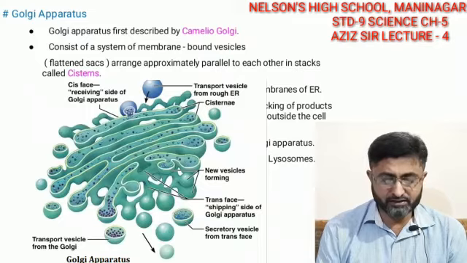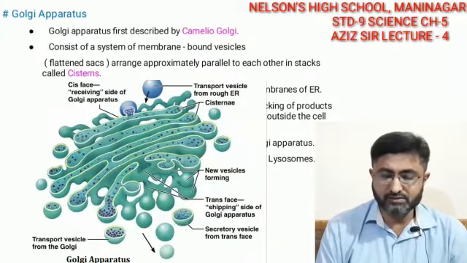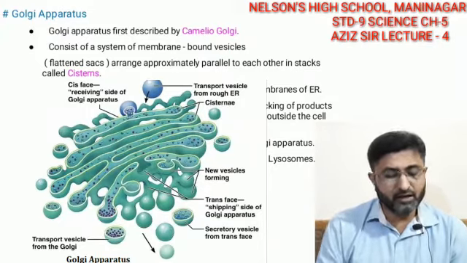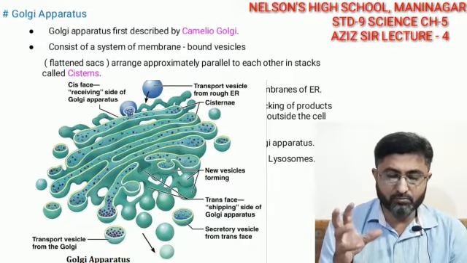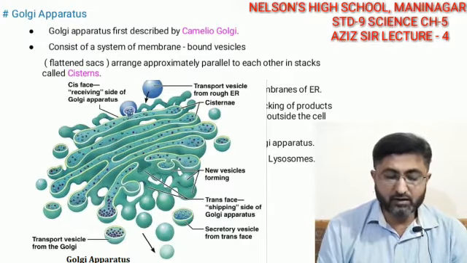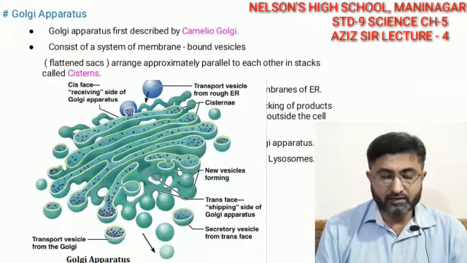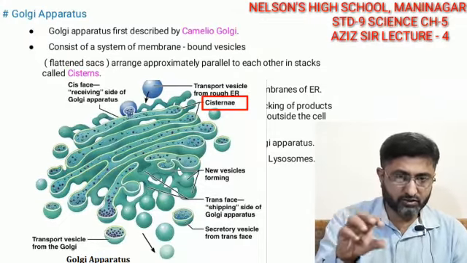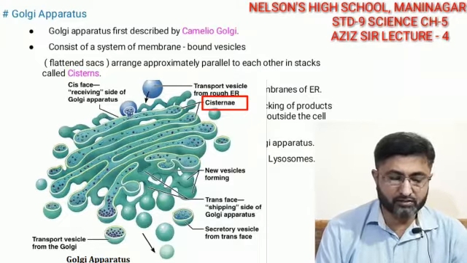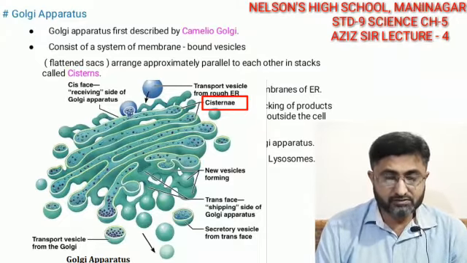The Golgi apparatus consists of a system of membrane-bound vesicles and flattened sacs arranged approximately parallel to each other, and these sac structures are called cisternae.